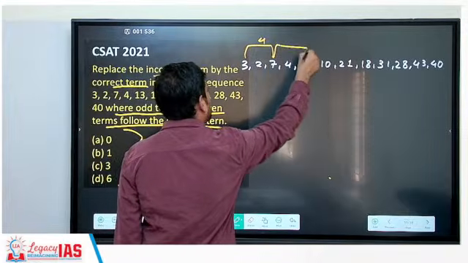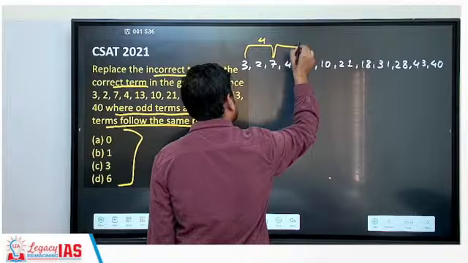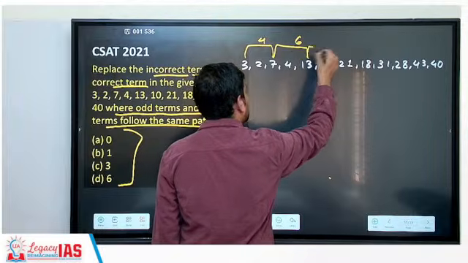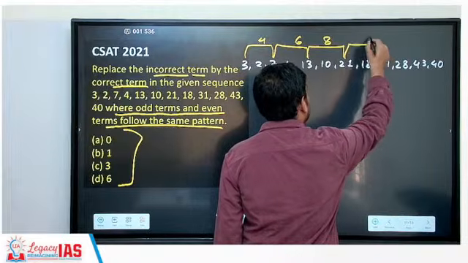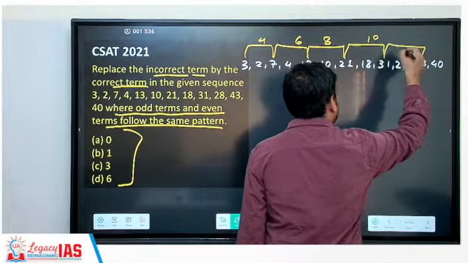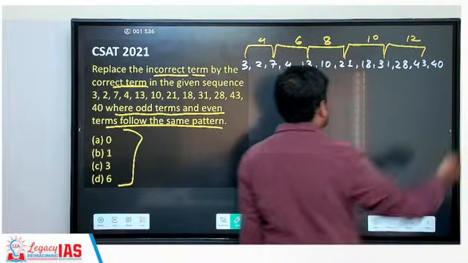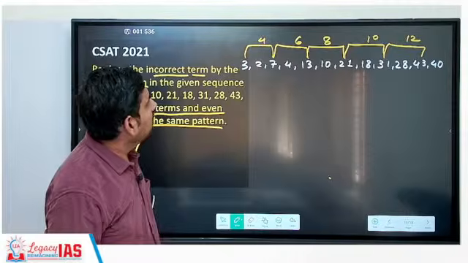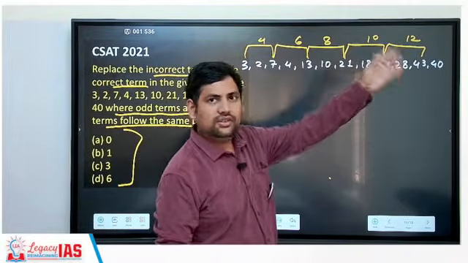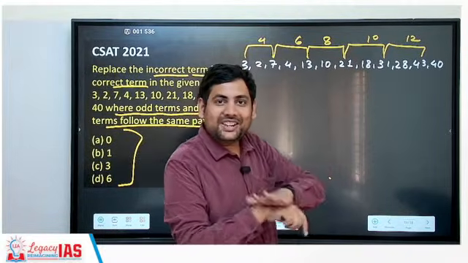Then 7 and 13, difference is 6. 13 and 21, difference is 8. Then this is difference of 10. This is difference of 12. And do you see any problem here? I think it's looking very good. 4, 6, 8, 10, 12. Everything is falling perfectly.